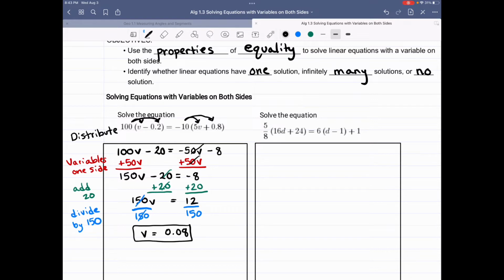Okay, so to review the steps, the first thing we did was we distributed. We got the variables on one side. We added 20 to both sides. We divided by 150. Okay, the next equation has fractions, so I will do a little review with fractions with you right now, how we multiply fractions.